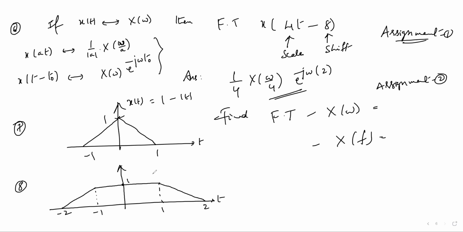This is 1, x of t. Find x of omega for this trapezoidal signal. I'll do the standard trapezoidal signal Fourier transform also in the next class. But meanwhile, you try this one, Fourier transform of a trapezoidal signal with these numericals.